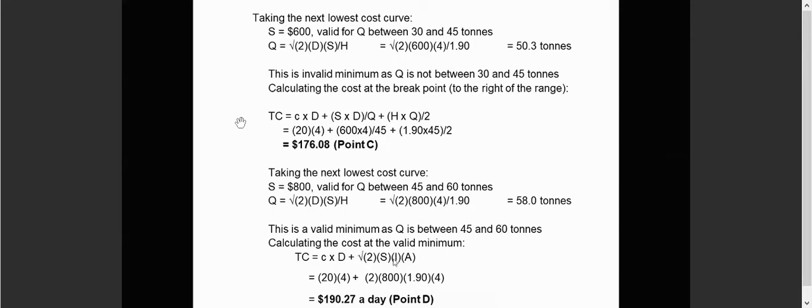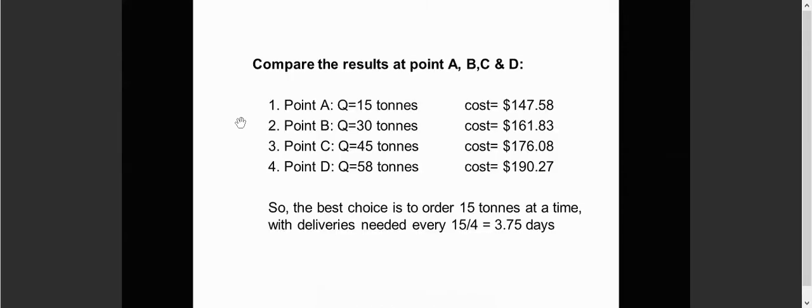We replace the data into the total cost formula. So the point D is 190.27 ringgit. So we have 4 points here, A, B, C, and D, and we need to compare the total cost that we have.